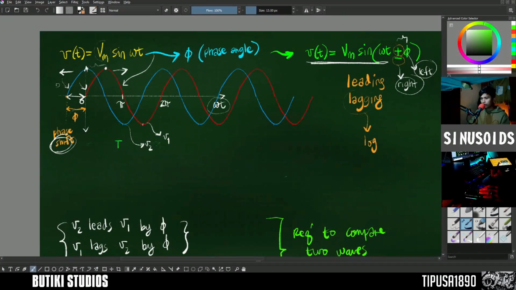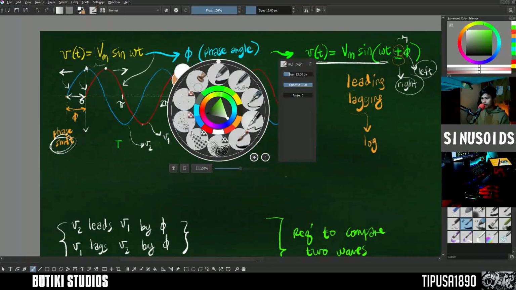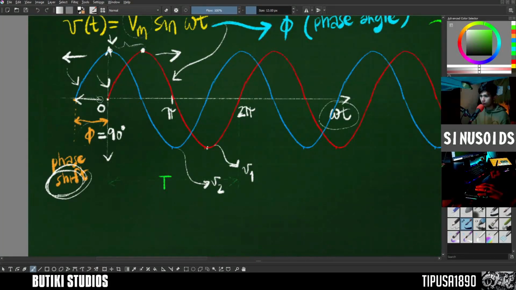So the angular shifting is this omega t here. So originally the red wave, but if we shift the red wave to the left, it lands in the position of the blue wave.